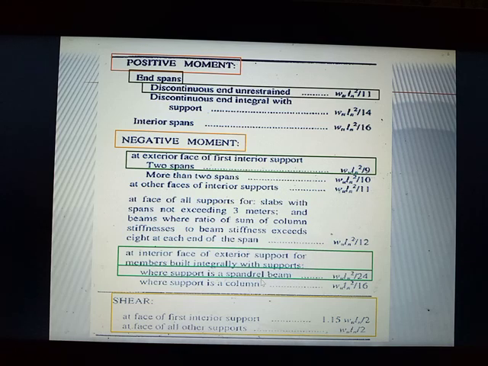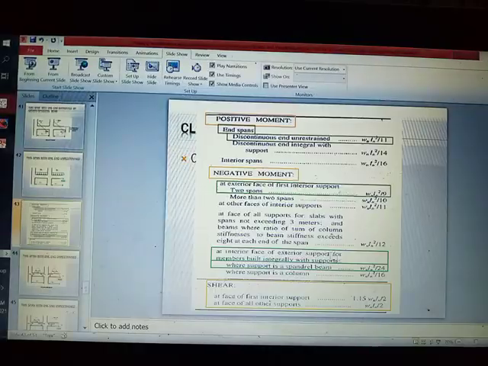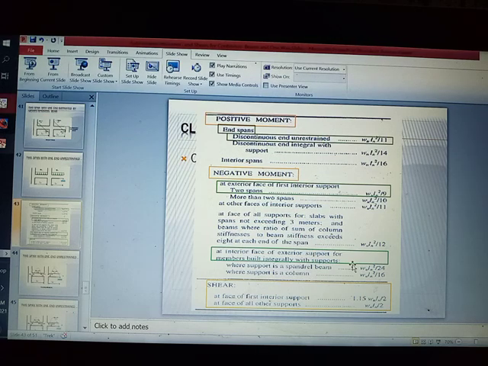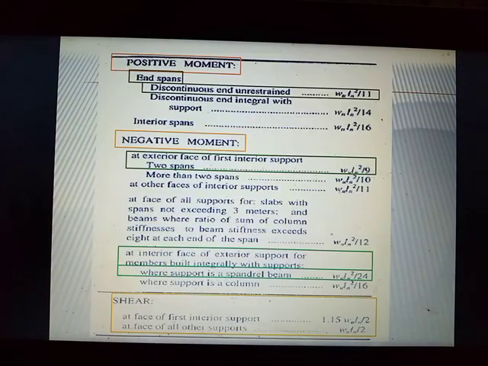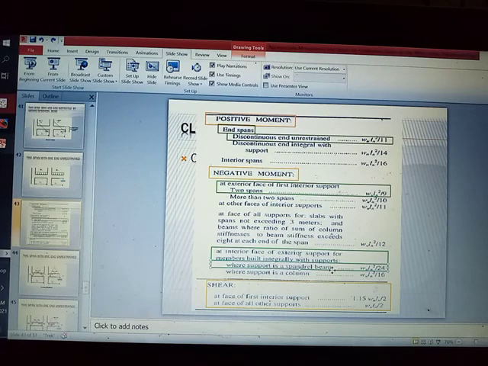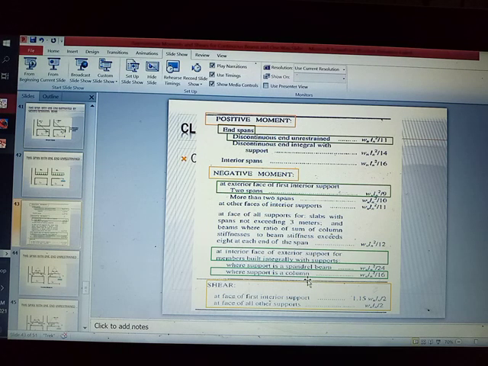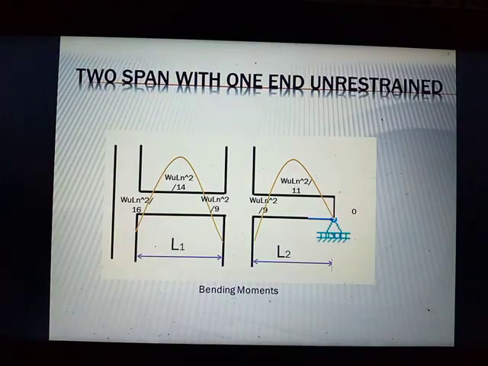And so this is not a spandrel beam. Since we use a column at the other side, where the support is a column, the only difference here compared with two spans of continuous beams is at this side.